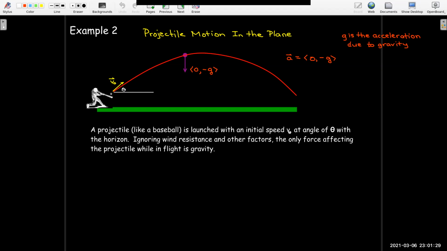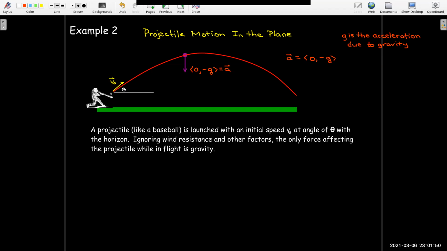So the acceleration vector here has only two components. The horizontal component is 0. There's no acceleration in the horizontal direction.